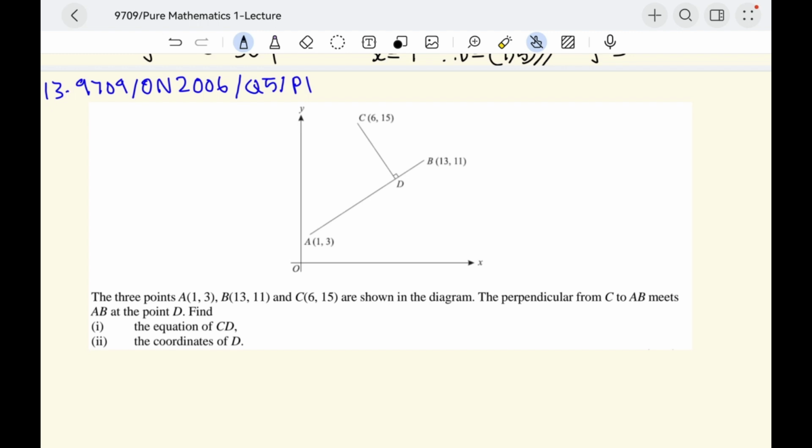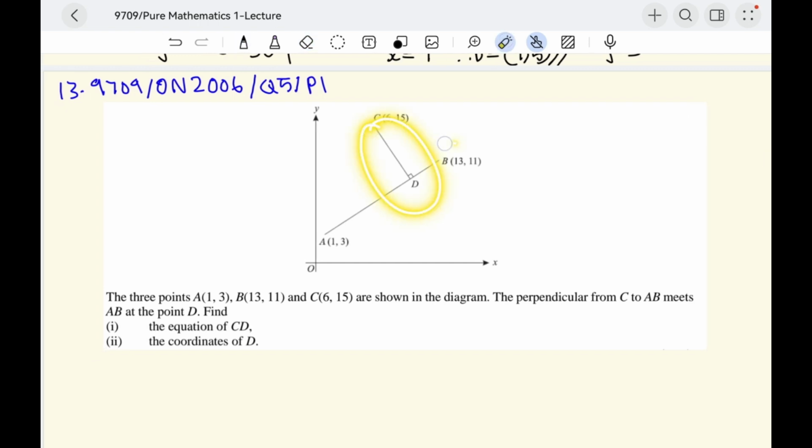Alright, what are we going to do? As you can see, the line CD is perpendicular to line AB, so you should think about how to relate the two lines which are perpendicular to each other. So you must use the relationship of their gradients.